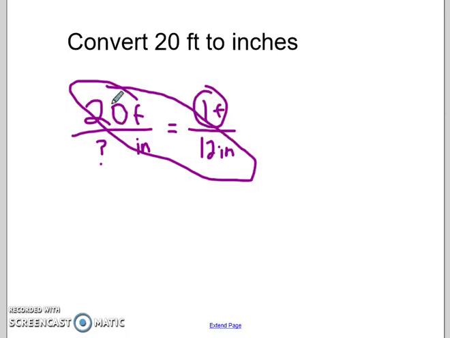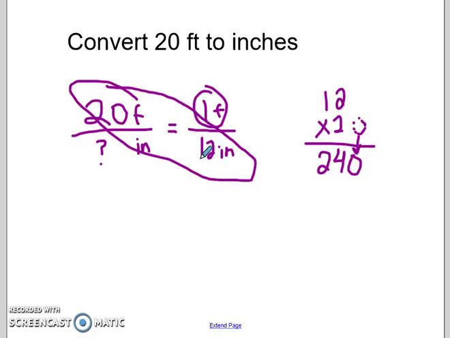So cross multiply 20 times 12, and I'm going to use a quick trick. I'm going to do 12 times 2, and I'm going to add that 0 in for the 20 later. 2 times 2 is 4, 2 times 1 is 2. And that 0 that we kind of hid, we'll just bring it down, 240.